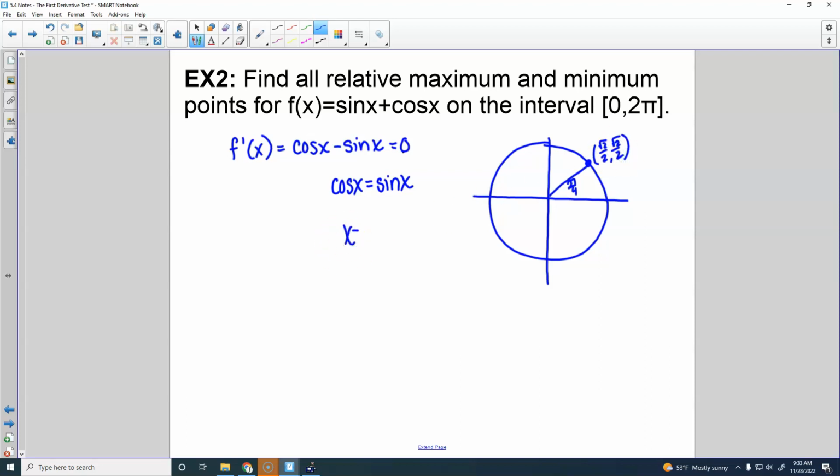So x equals pi over 4. Where else? 5 pi over 4. Because over here at 5 pi over 4, we would have negative root 2 over 2 and negative root 2 over 2.